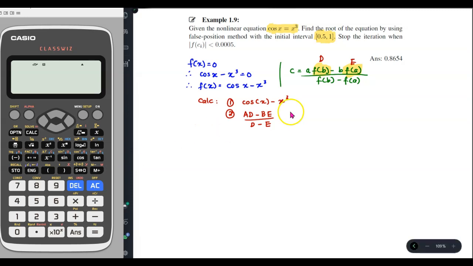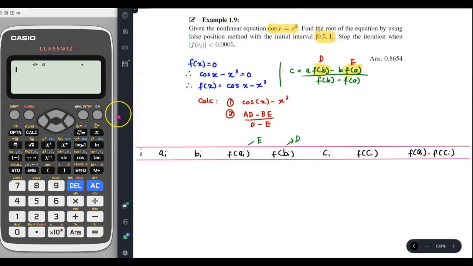Now from the table that consists of A, B, f(a), f(b), c, and so forth. At the first iteration, r equal to 0, we have a naught, which is 0.5, and b naught is 1, given by the problem.